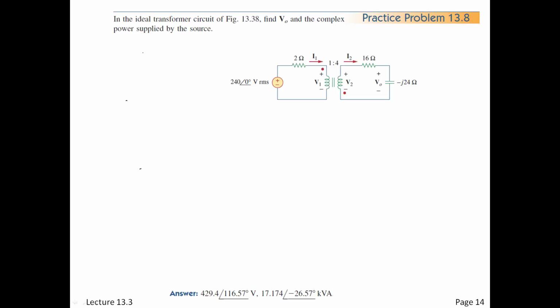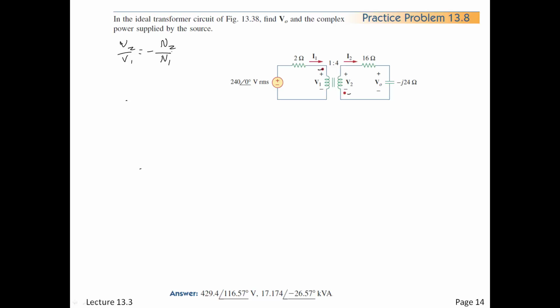All right, so let's note the dots and the current. Notice the problem picked to make them opposite. All right, so I'm just going to jot down a couple of relationships here so we've got them. V2 over V1 will be minus, remember because the dots are opposite, N2 over N1.